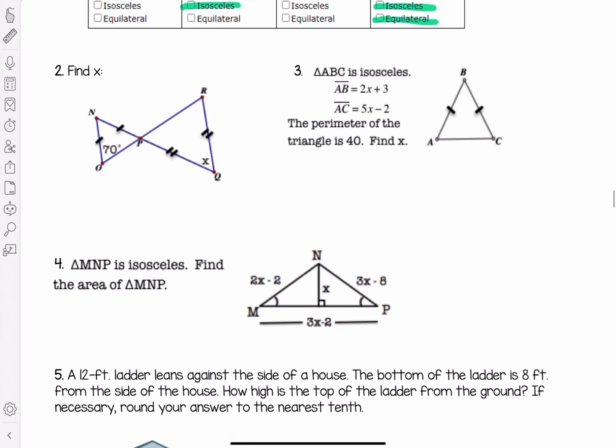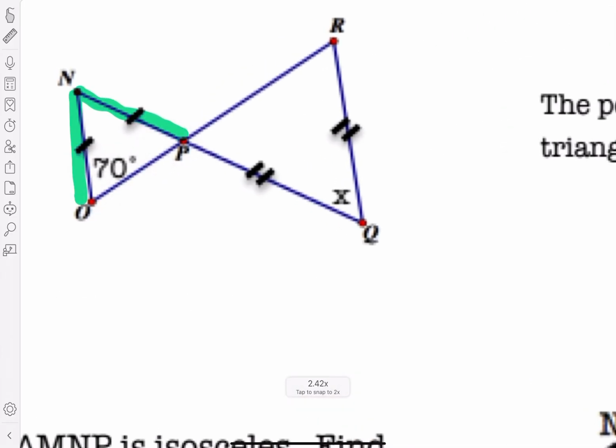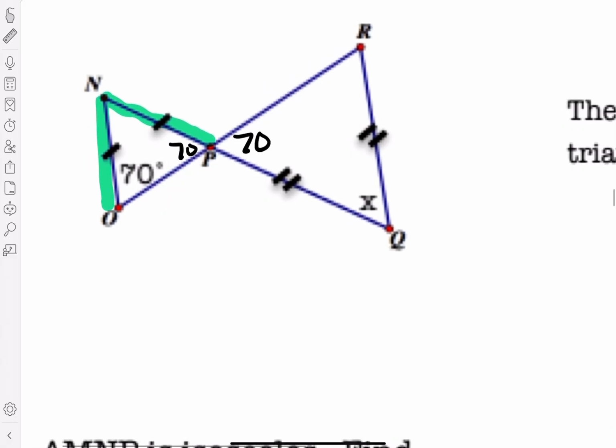Number 2, we want to find the value for x, so I'm just going to put the information that I know in. Since this side and this side are the same, it means the angles across from them are the same. So not only is this angle 70, but this angle is 70, so I can put 70, and that also means that this is 70 by the vertical angle theorem.